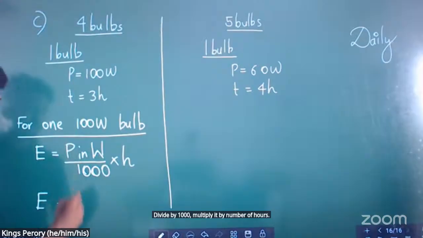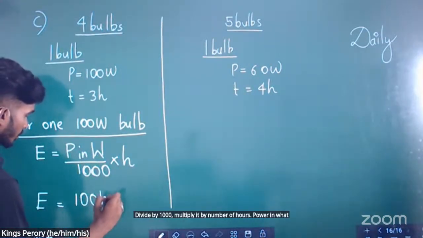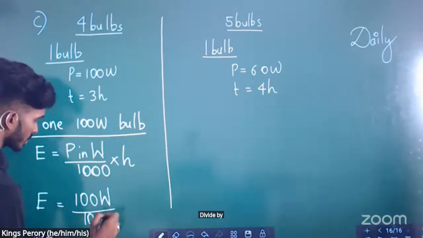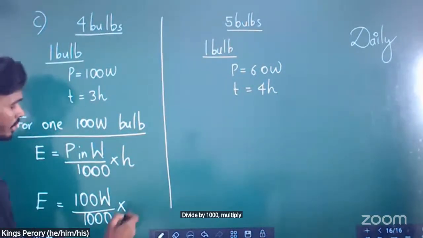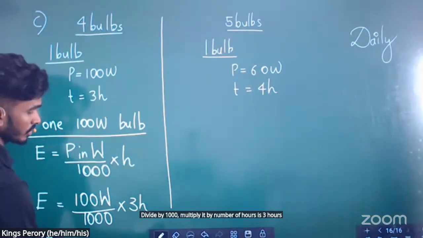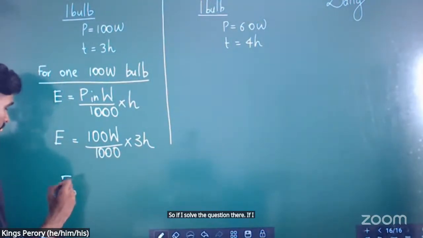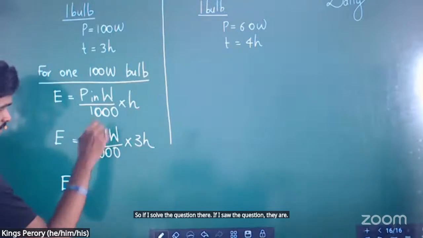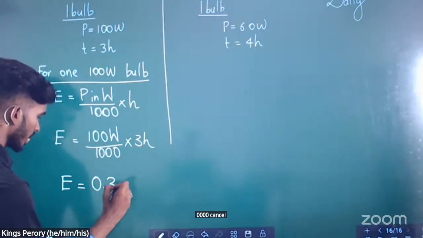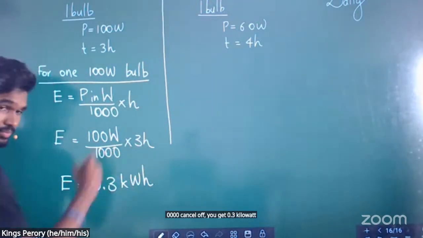Power is 100 watt, divided by 1000, multiplied by number of hours, which is 3 hours. If I solve it, the double zero cancels off, and you get 0.3 kilowatt hour.